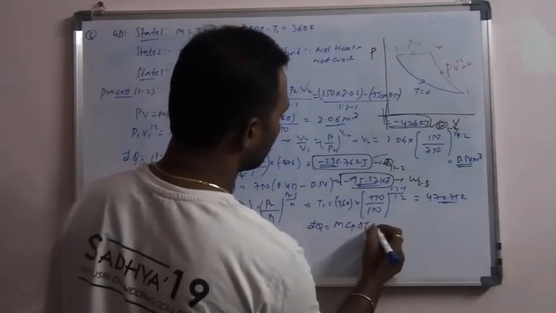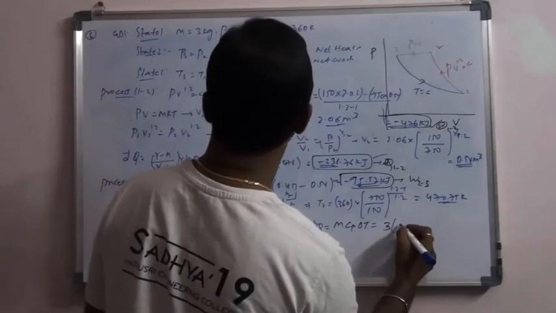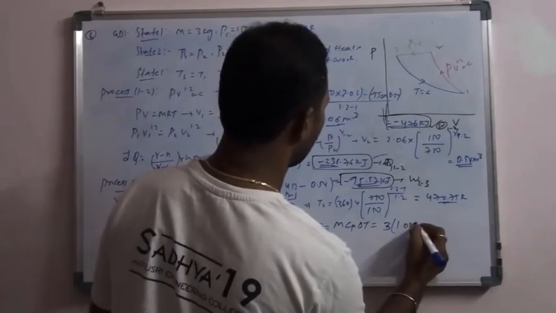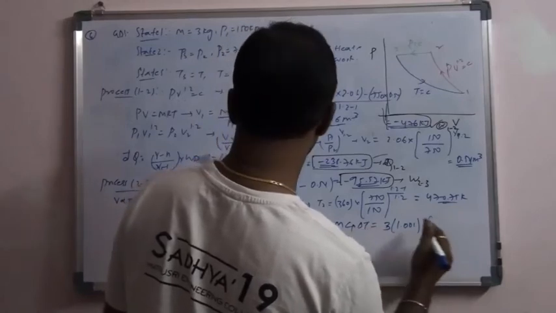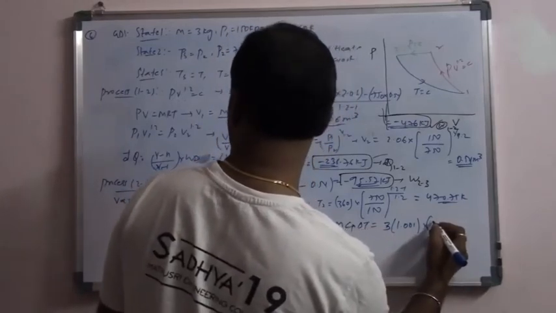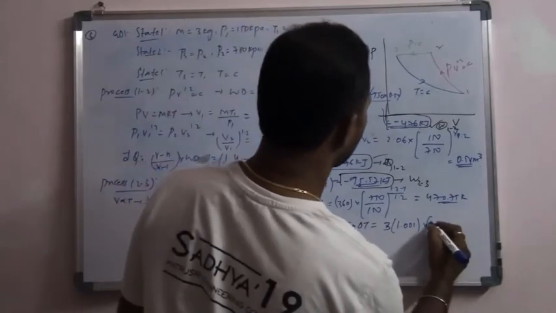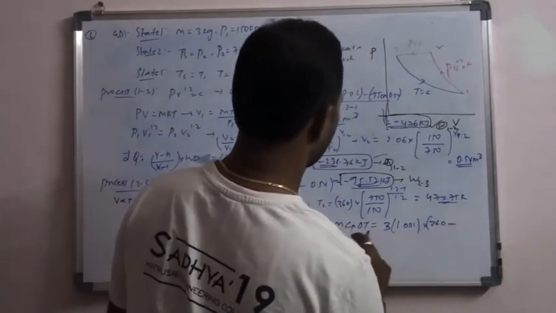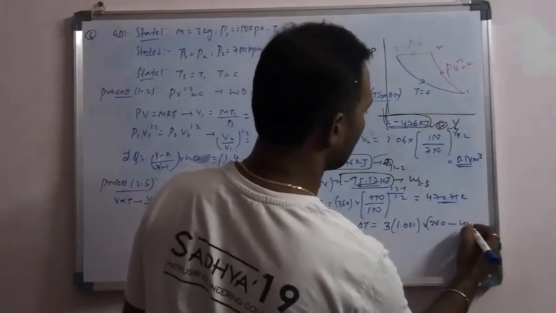Here m is 3, Cp for air is 1.005, into delta T. Delta T is T3 minus T2, where T3 is T1, 360, minus T2, which I got as 470.75.